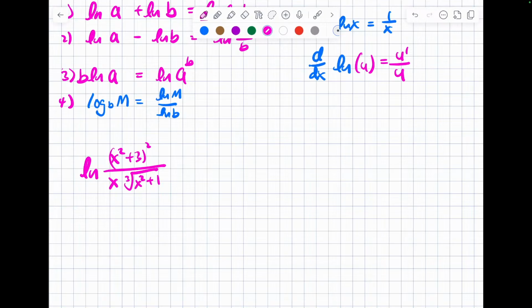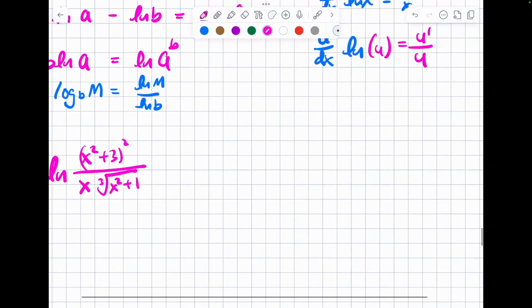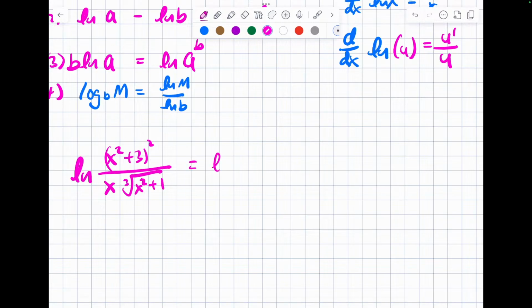All right, is everybody done or no? Okay, so I think the potential mistake that you will make is a sign mistake. Hopefully you did not make that. y is equal to natural log 2 natural log of x squared plus 3 minus natural log of x minus 1/3.